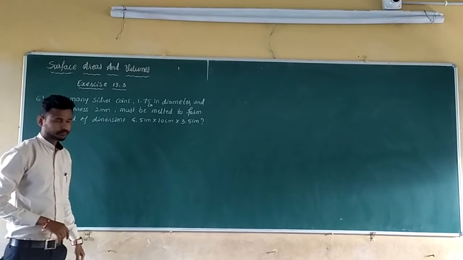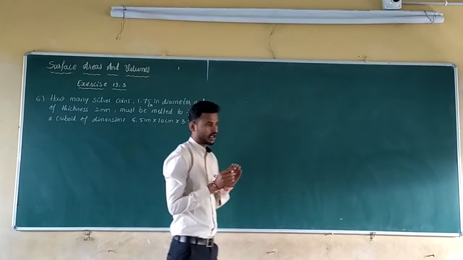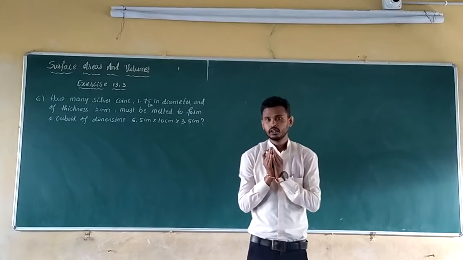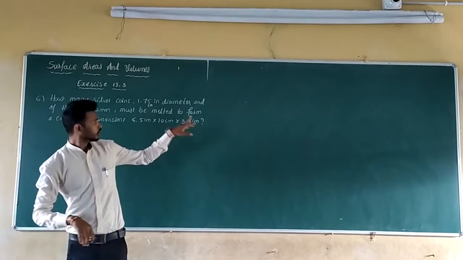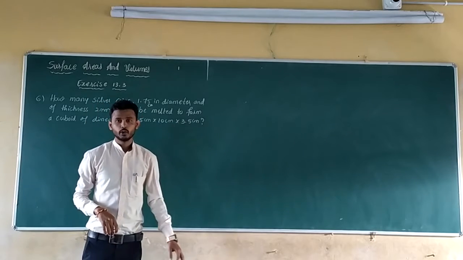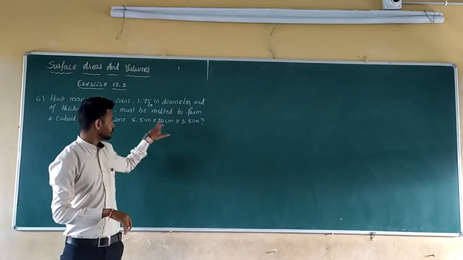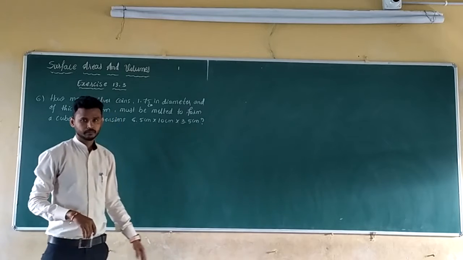Means here, how many silver coins to be melted to make a cuboid of dimensions 5.5, 10 and 3.5 centimeter, means length, breadth and height.